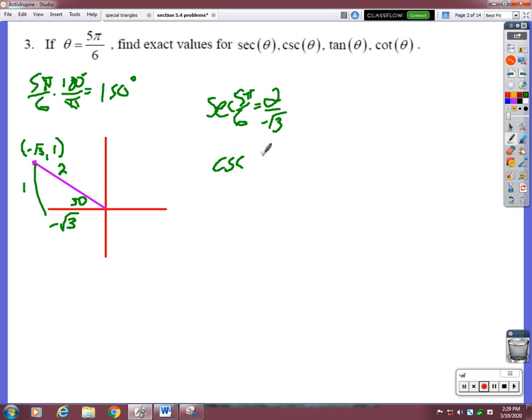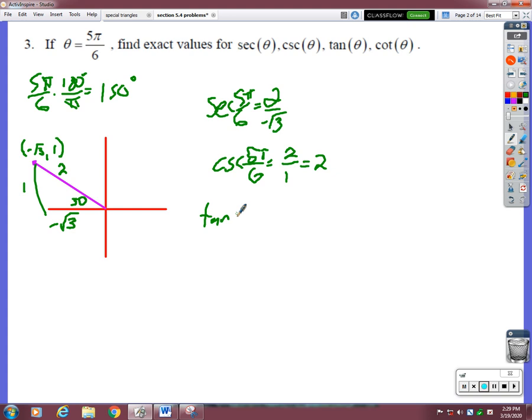Cosecant of 5 pi over 6 is going to be r over y, so that's 2 divided by 1, or just 2.